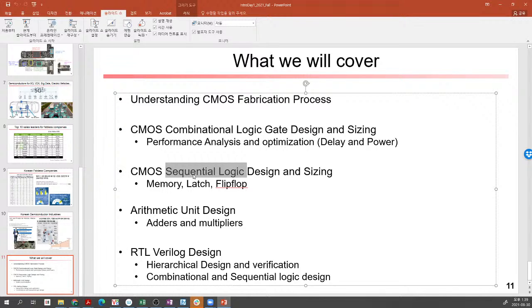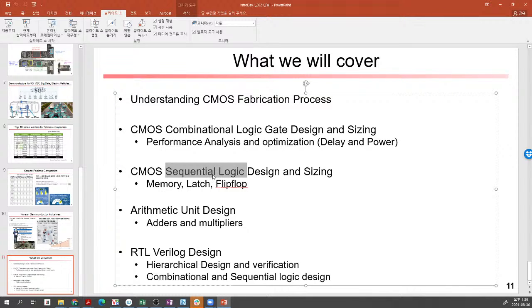You have to do some mixture of those two kinds of logic style. For example, with combinational logic, for a certain input you always expect the same output. So the input and output relationship is predetermined.